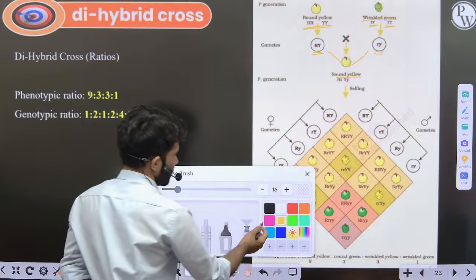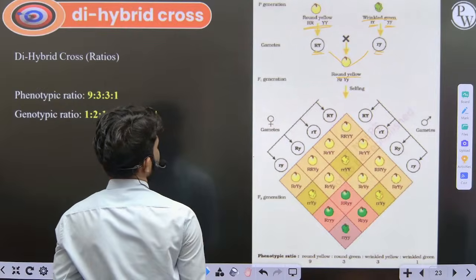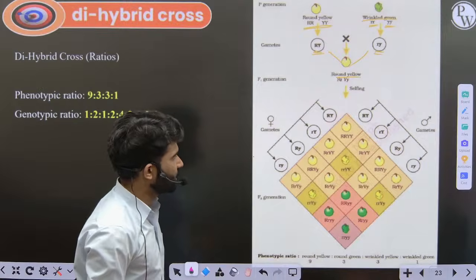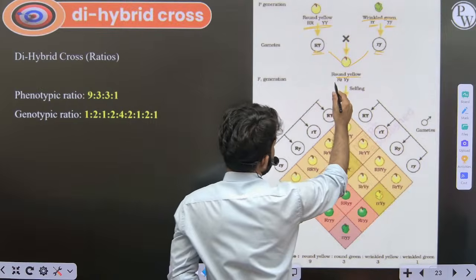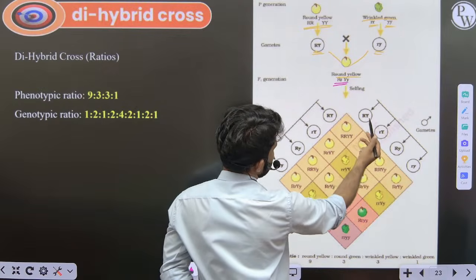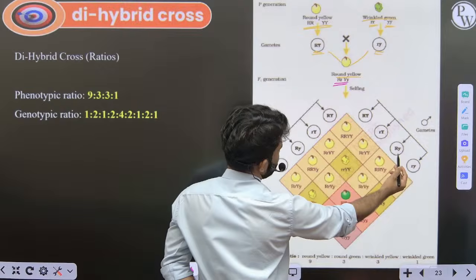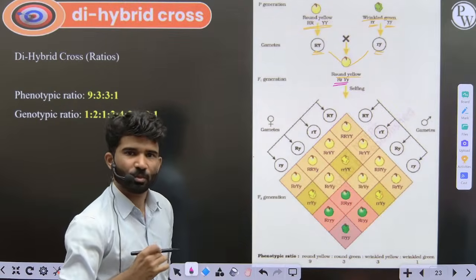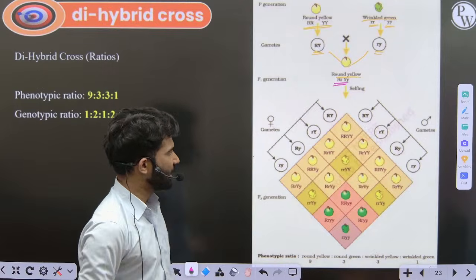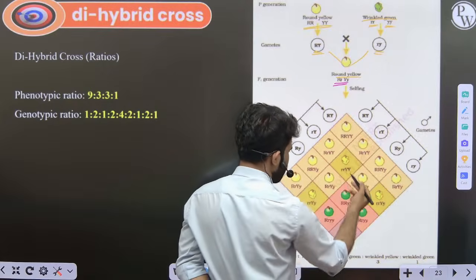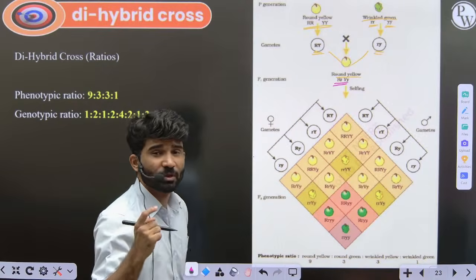That is the F1 generation. When self-pollinated, you will get different gametes of capital R capital Y, capital R small y, and so on. They combine together, and this is the ratio.